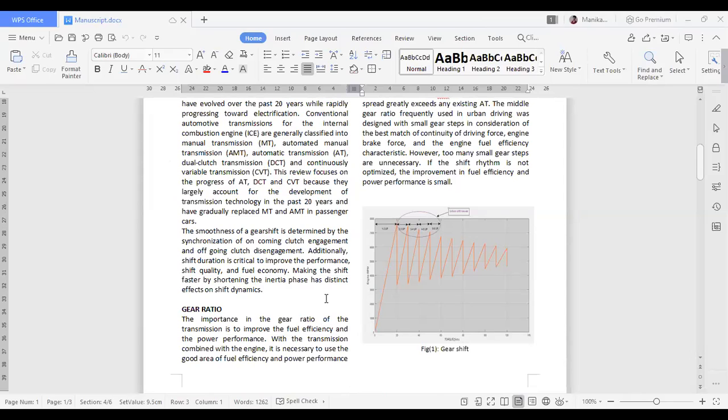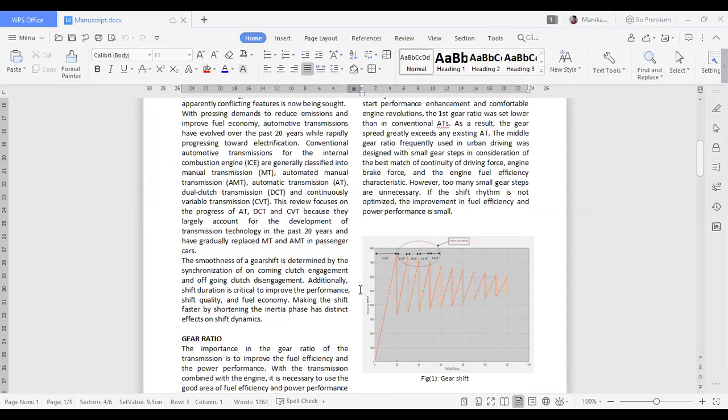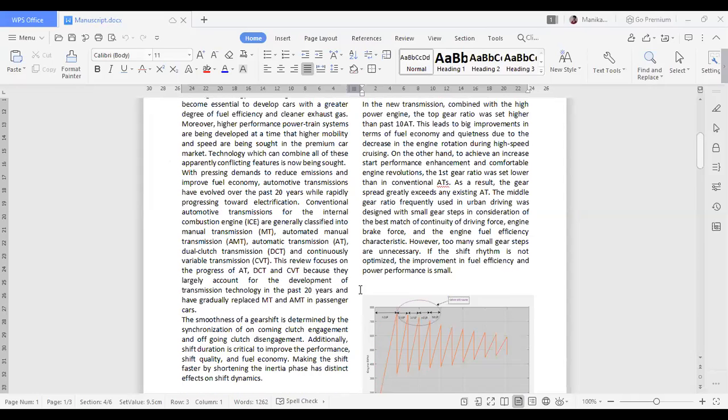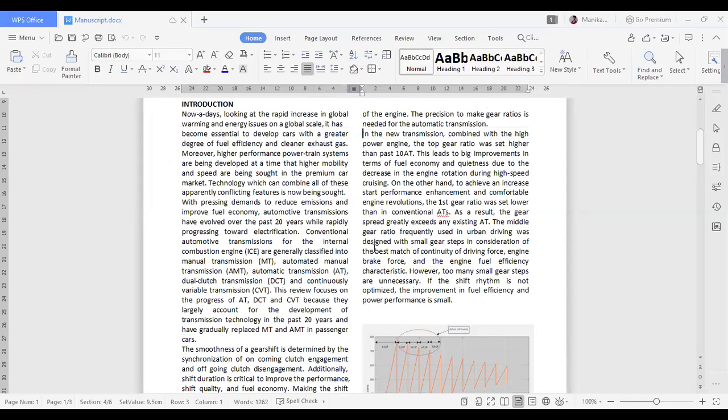In this gear ratio section I have explained the gear ratio, fuel efficiency, and the power performance parameters with respect to the transmission, and I have considered this 12-speed gearbox by benchmarking it to a 10-speed automatic transmission.